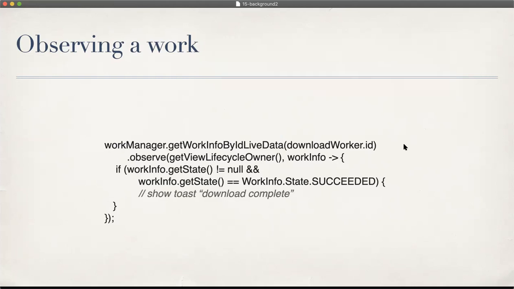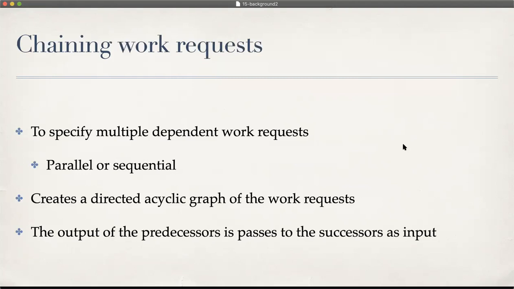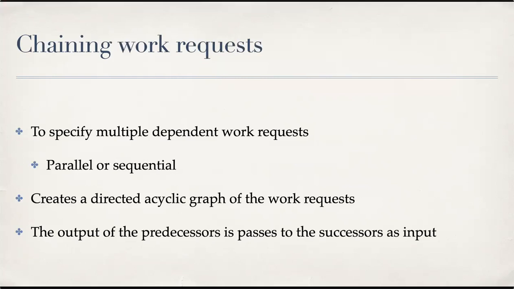Okay, now coming to chaining work requests. This is a really neat way of basically specifying dependency among work requests. So sometimes you want to first download this file, then that file, etc. Say in downloading and installing an app with dependencies, or certain packages with dependencies, or even upgrading OS, downloading, installing certain parts.